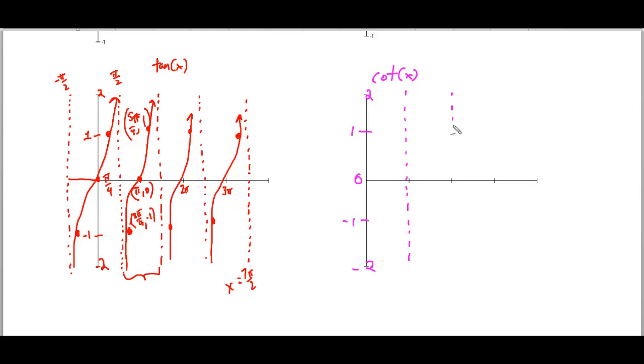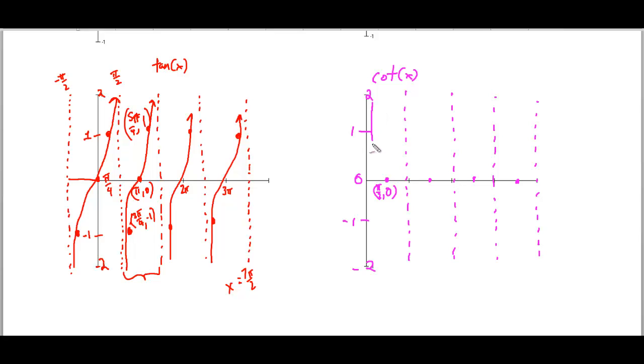So at every unit of pi, so pi, 2 pi, 3 pi, and 4 pi, all these are going to be the asymptote lines. And they're going to cross the x-axis at all the pi over 2 marks. So this is going to be pi over 2 comma 0. This is 2 pi over 2, and this is 3 pi over 2 comma 0, and then this would be 4 pi over 2, which is 2 pi, and so on and so forth.